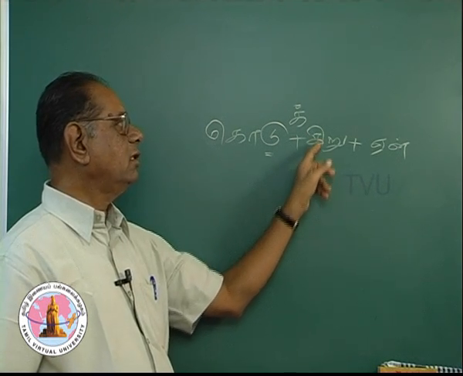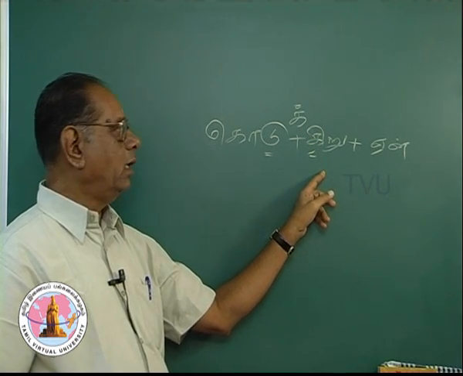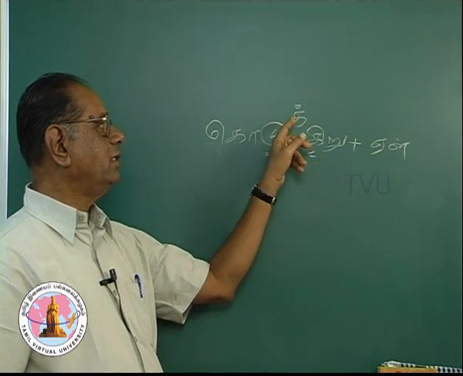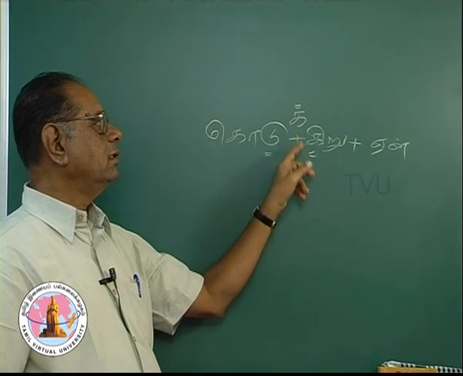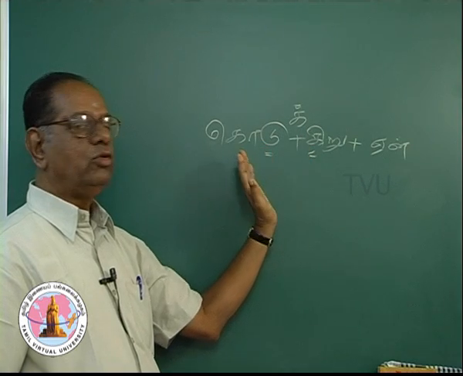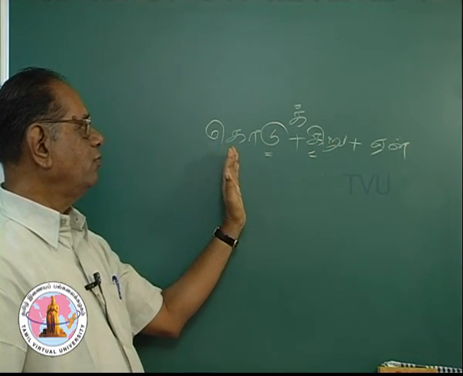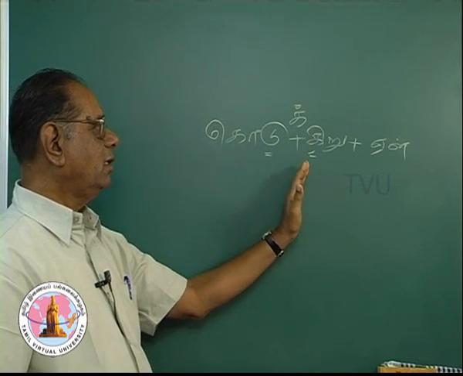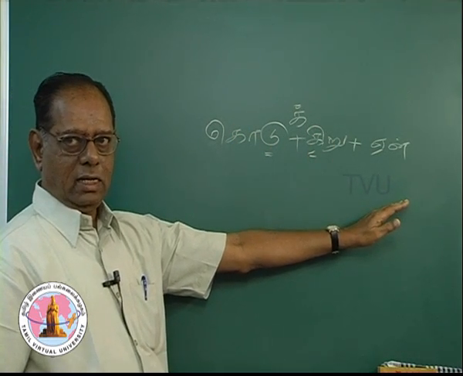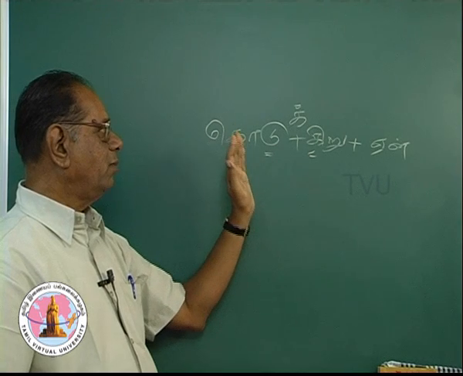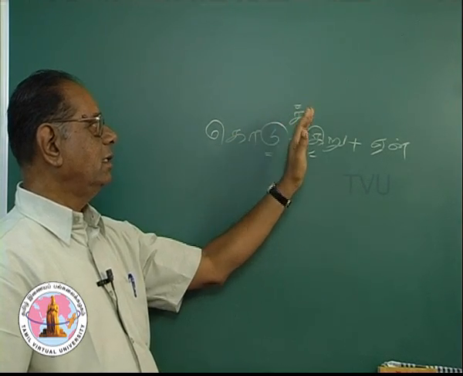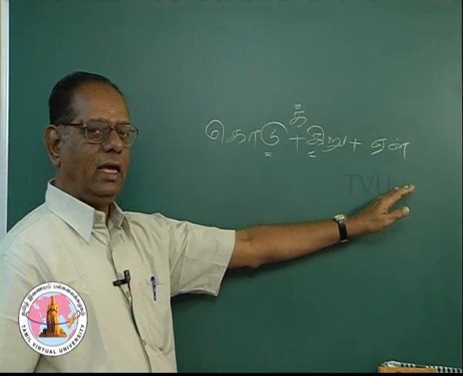So ki is the consonantal vowel, and the consonantal form of it is ik. That is added to ease the pronunciation. So this becomes kodu plus kiru plus yen. In combination it becomes kodu plus ik plus kiru plus yen.